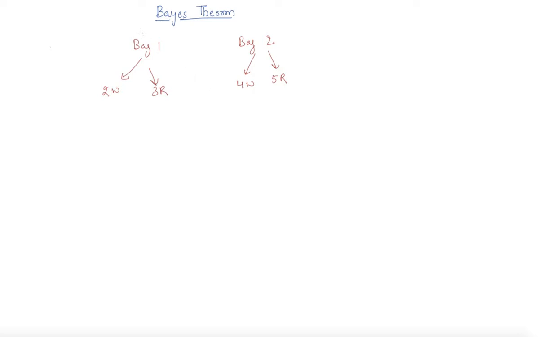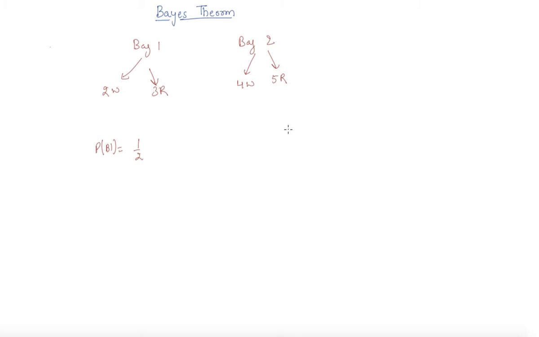So let's say the probability of getting bag 1 selected is half. Probability of bag 1 is half. Or we can find the probability of drawing a ball of a particular color from a particular bag, which means, in other words, we can find out the probability that the ball drawn is of a particular color.